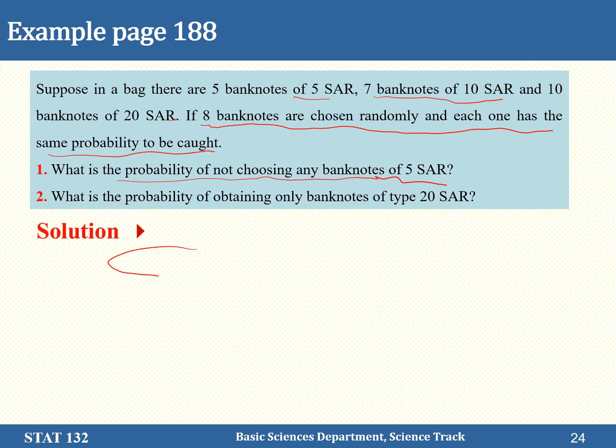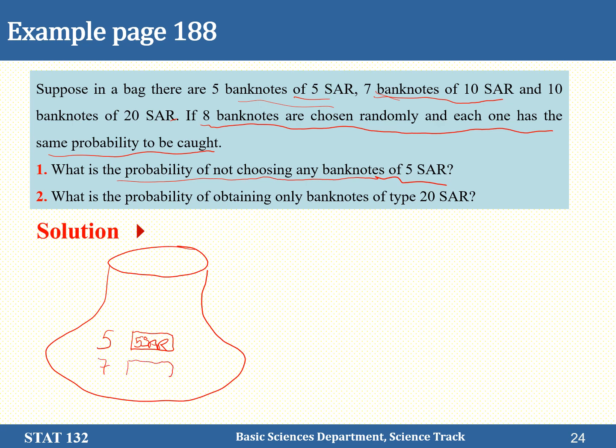Now, okay, we can visualize the situation like this. Now in a bag, there are 5 banknotes of 5 real, and 7 banknotes of 10 reals, and 10 banknotes of 20 real.